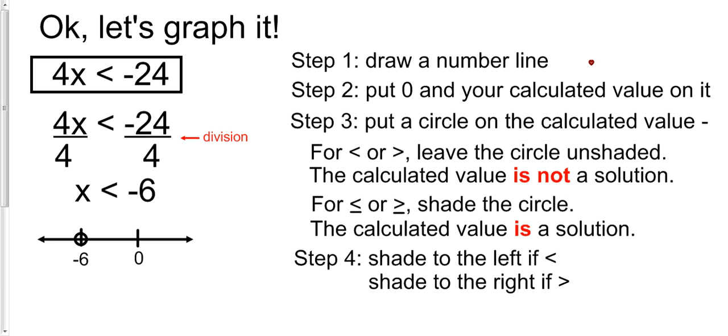So we're going to grab a crayon so that we can shade in this situation. In this situation, we're going to shade to the left because we need everything less than negative 6. That's our correct answer.